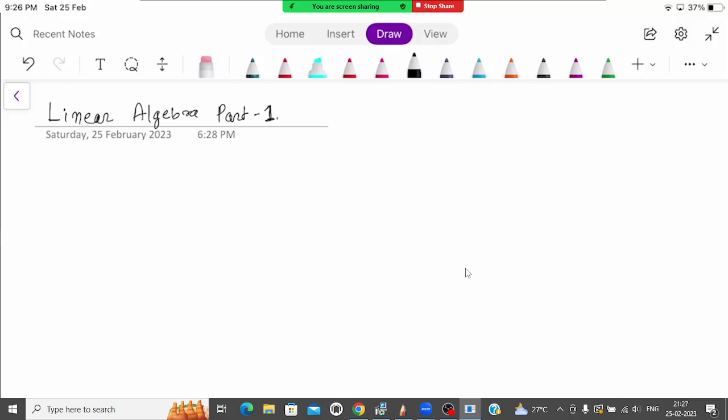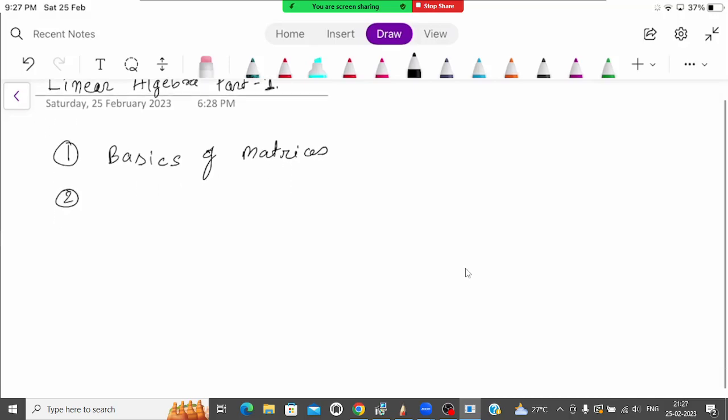So the topics we are going to discuss, I will write here. First topic we will discuss is the basics of matrices. Second topic would be rank of a matrix.